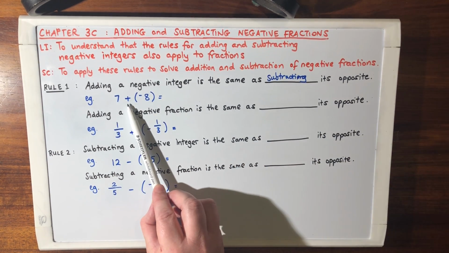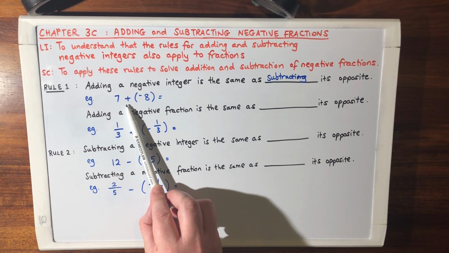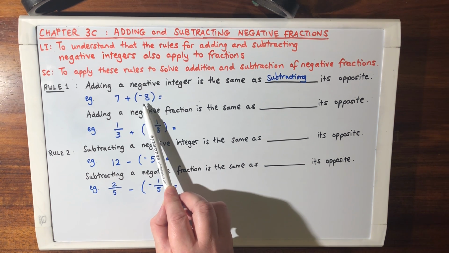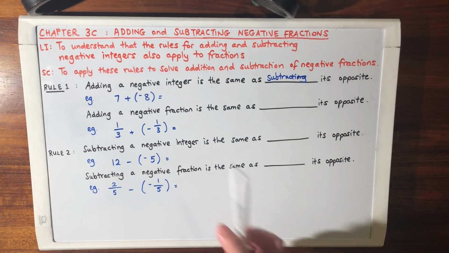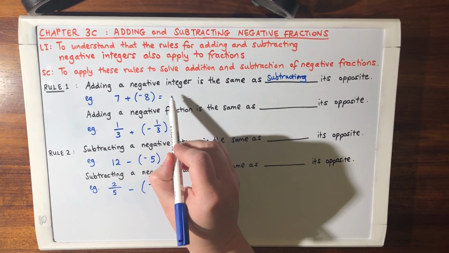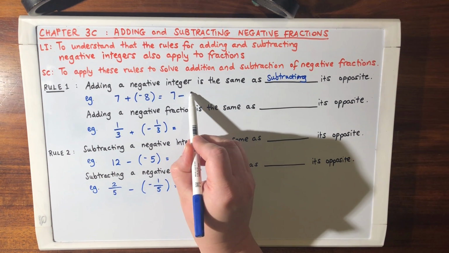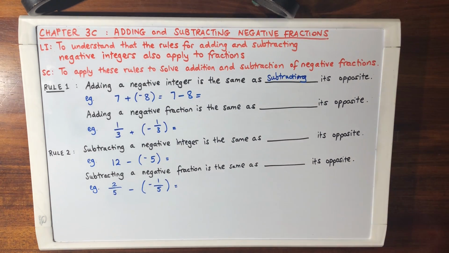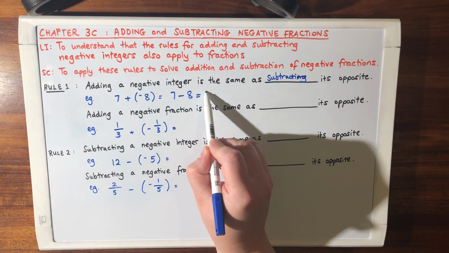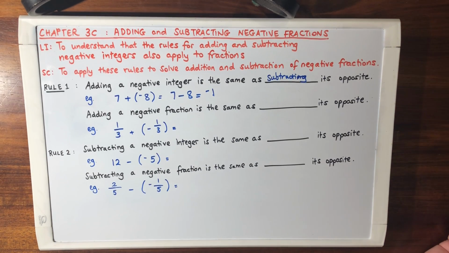So we're going to change this addition symbol to a subtraction. And the opposite of negative 8 is what? Well, it's positive 8. So we're going to change that whole equation to look like this. 7 take away positive 8. And now you know it's a very simple subtraction equation, and that should equal negative 1.